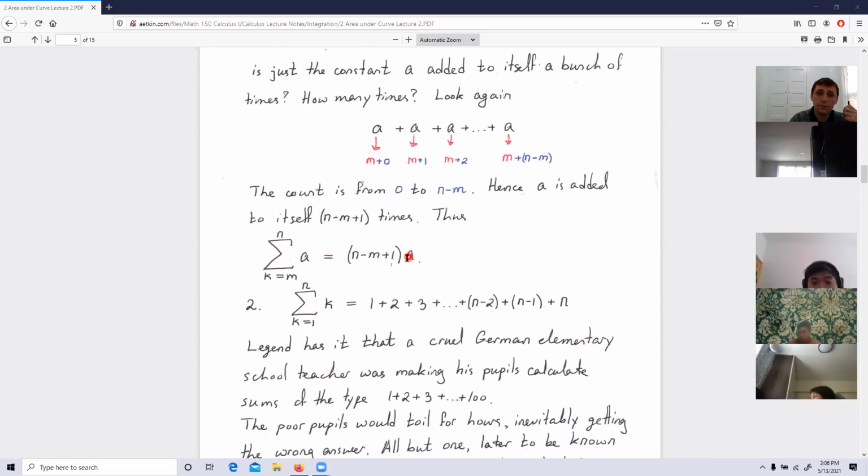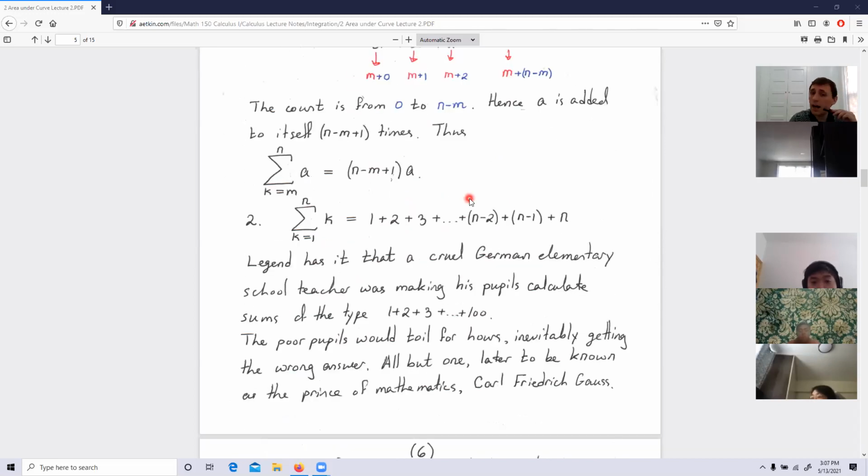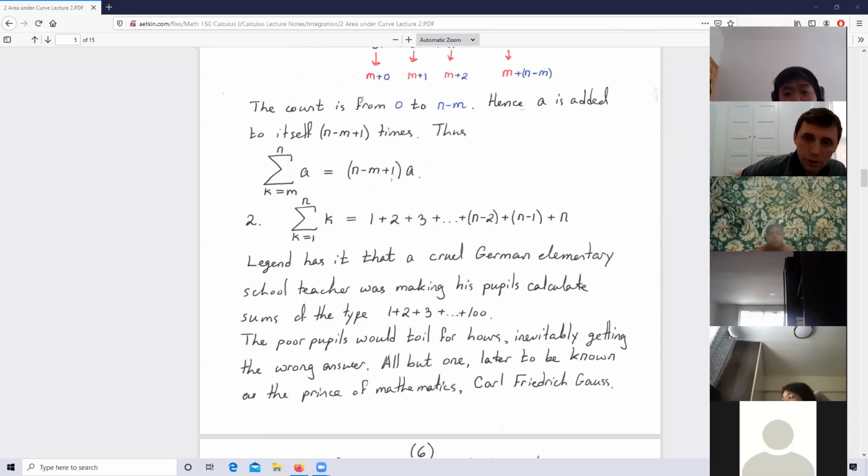Here is that formula. The next one, guys, is another not very difficult formula, the summation of consecutive integers. So the sum from k equals 1 to n of k is a summation of consecutive integers. Good? Now, how can you figure out this summation?